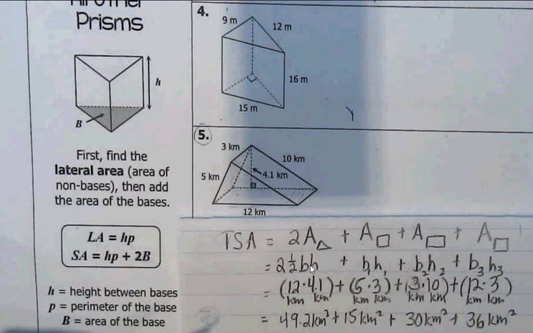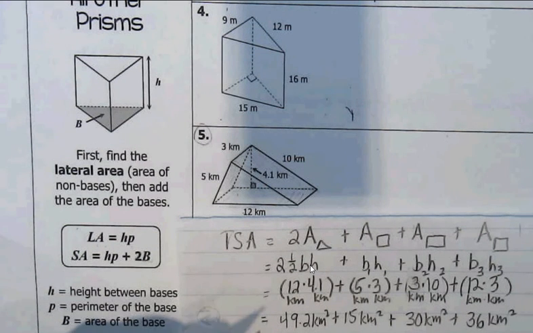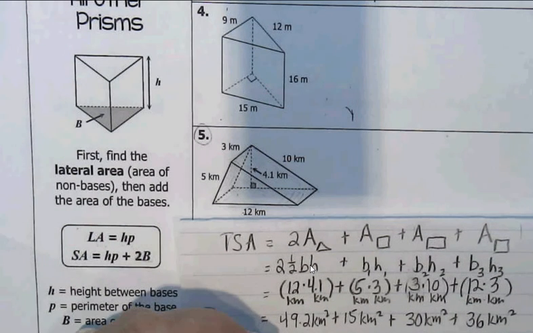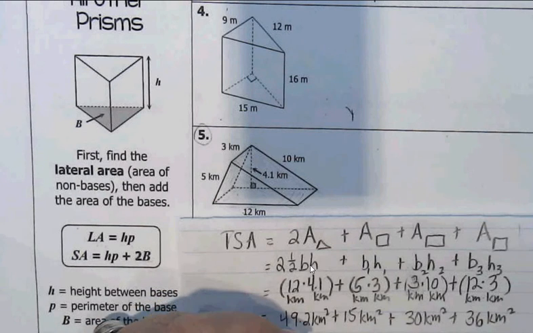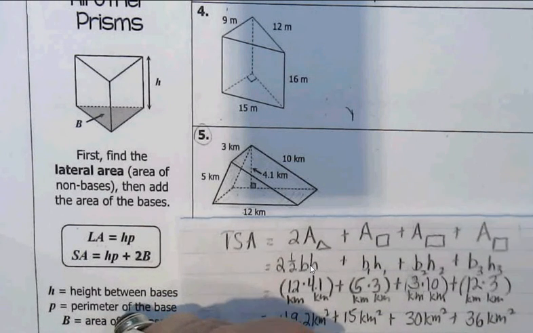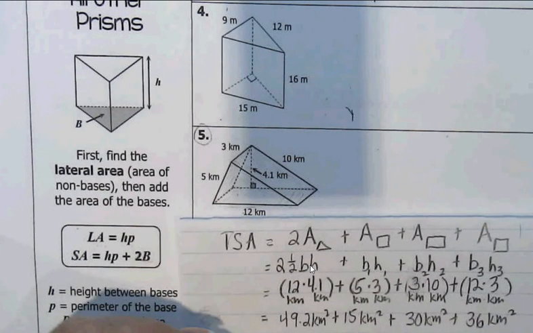And that should come up to be a total of 130.2 square kilometers is my total surface area.